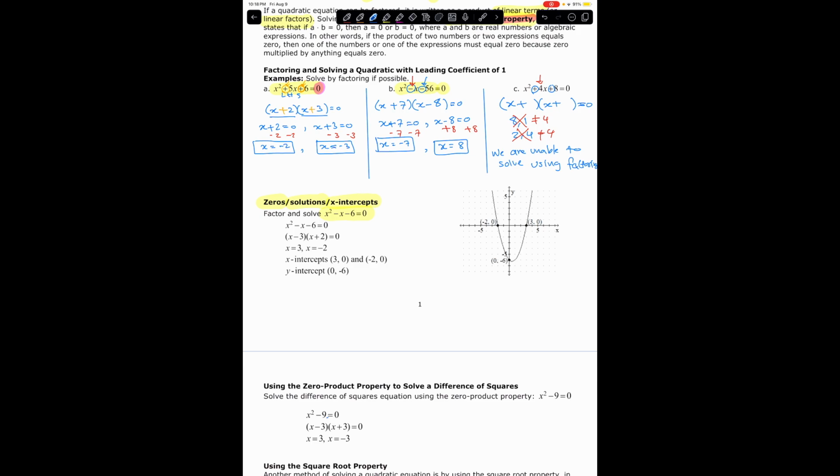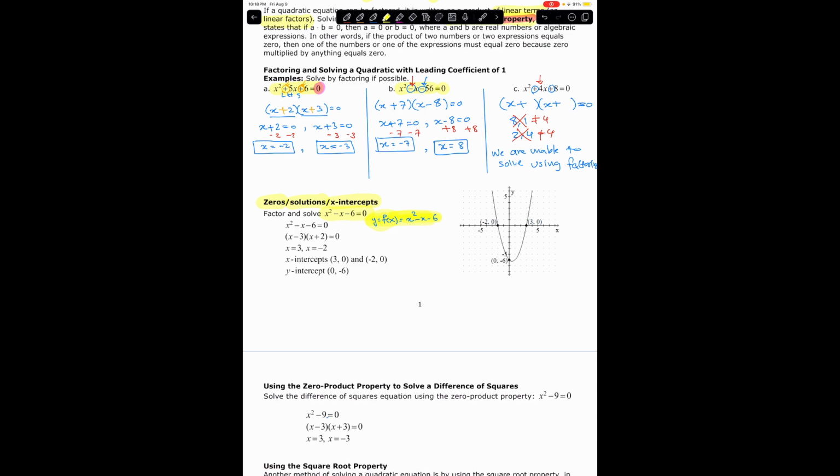However, hopefully you have a good idea or at least a small idea about what a function is. But if you write the equation in this form, y or f of x equals x squared minus x minus 6, which is the same, but here it's not an equation. We call it a function in this case because the left-hand side is not equal to 0.